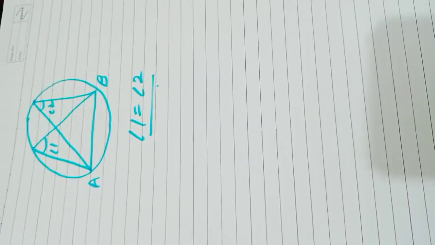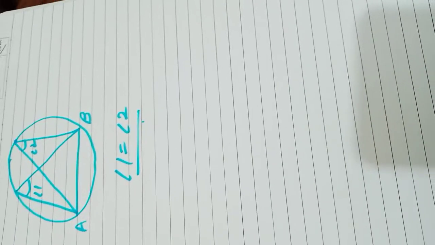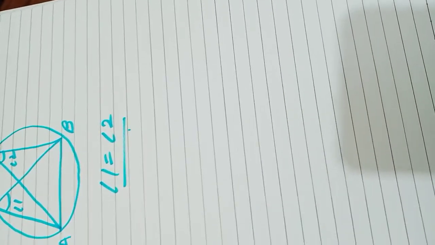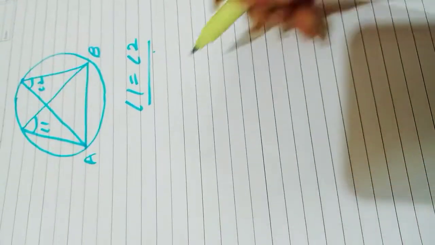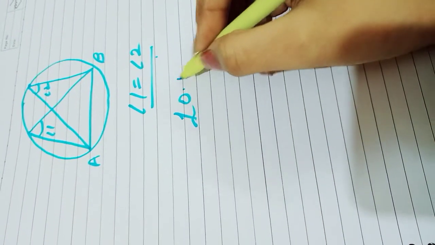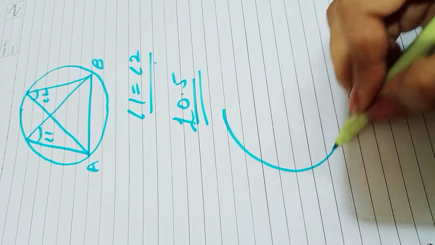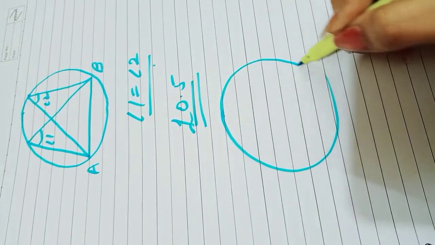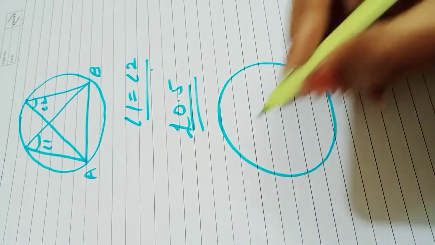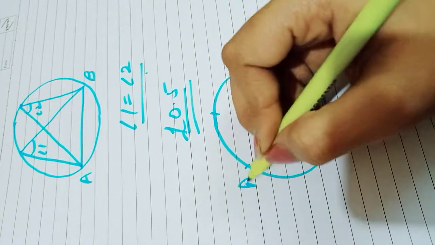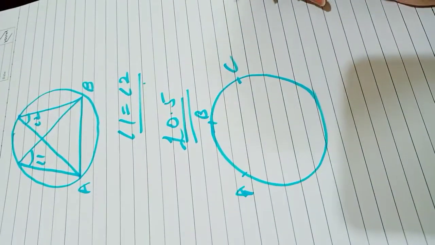On the basis of these theorems, let's start with our exercise 10.5, which is very simple, students. A, B, C are three points on a circle. First of all, let's draw the circle with A, B, C as the three points. The figure is given in the question.